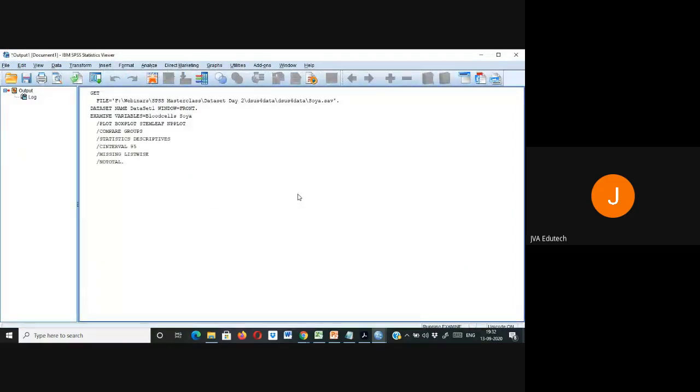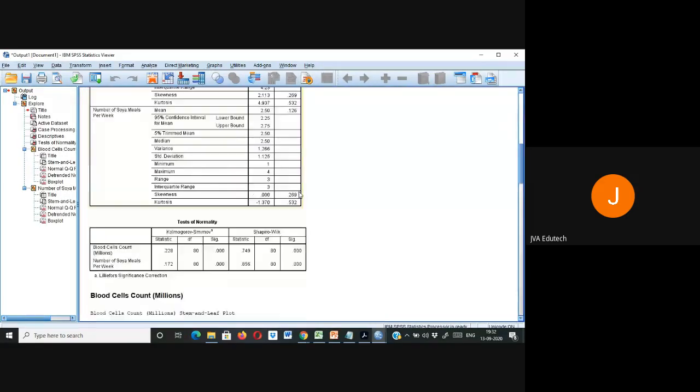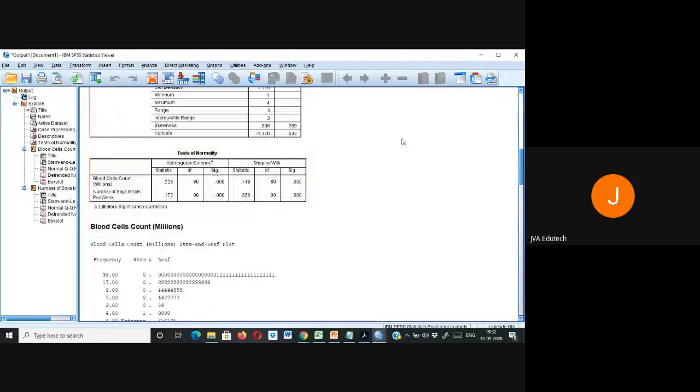Okay. So what does this table tell you? Significant, so it says that the data is not normal, it's skewed. Yes.